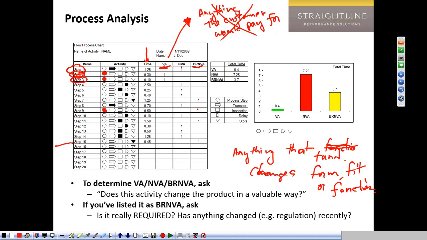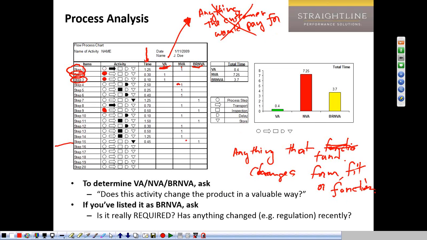Okay. Now the difference between non-value added and business required non-value added might be something like compliance. For example, I actually think that there's some value added in HIPAA, but a lot of people in the business would say HIPAA, the Privacy Act, a lot of the compliance that companies do is non-value added because customers really don't care all that much about it anyway, and we spend a lot of time doing it.